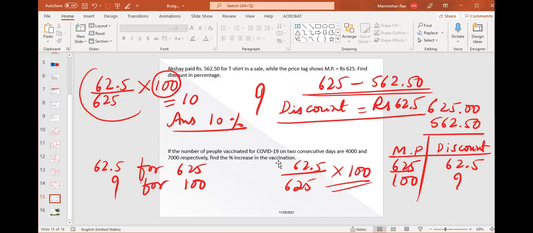You can take a screenshot of this vaccination problem, and this is left to you. What is the percentage increase in the vaccination? How much was the increase over 2 consecutive days? For example, yesterday 4,000 were vaccinated, and today 7,000 are vaccinated.